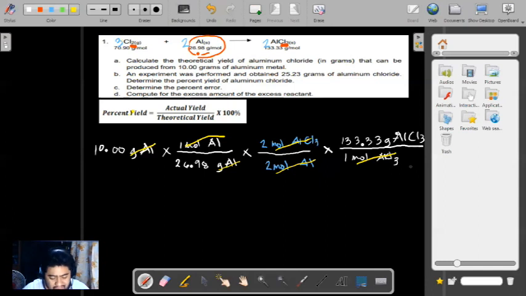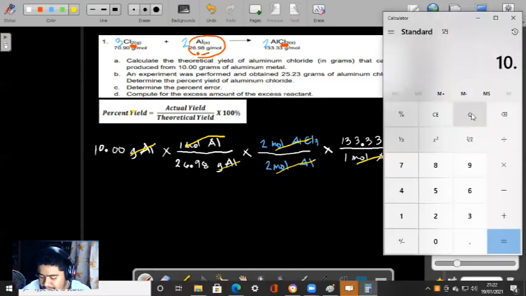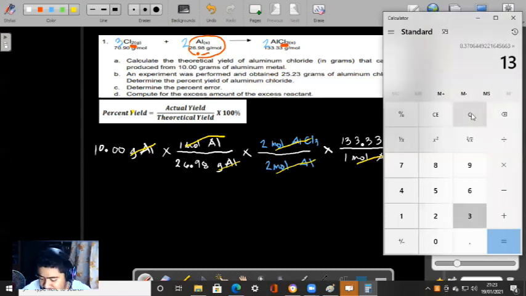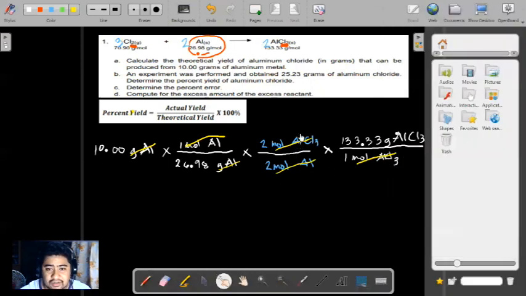So pakita natin yung computation. 10.00 divided by 26.98. And then, we multiply natin yan sa 133.33. Diniretso ko na siya kasi, notice na on this part, 2 divided by 2 is simply 1.